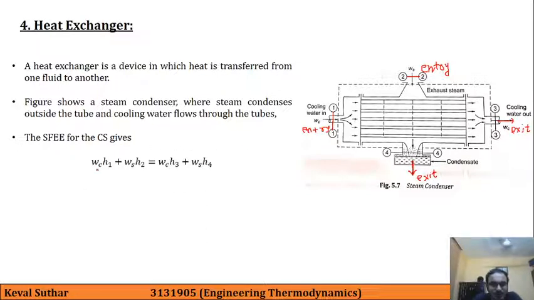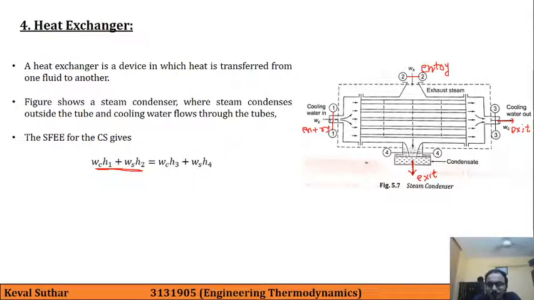So if you see, on the left hand side we are having WC, that is the cooling water, into H1, that is the enthalpy at section 1. That is our first entry part. Second term is here, in which this is WS, that is steam, and it is having enthalpy of H2. So the total energy entering into this control volume is equal to the total energy which is leaving this control volume.